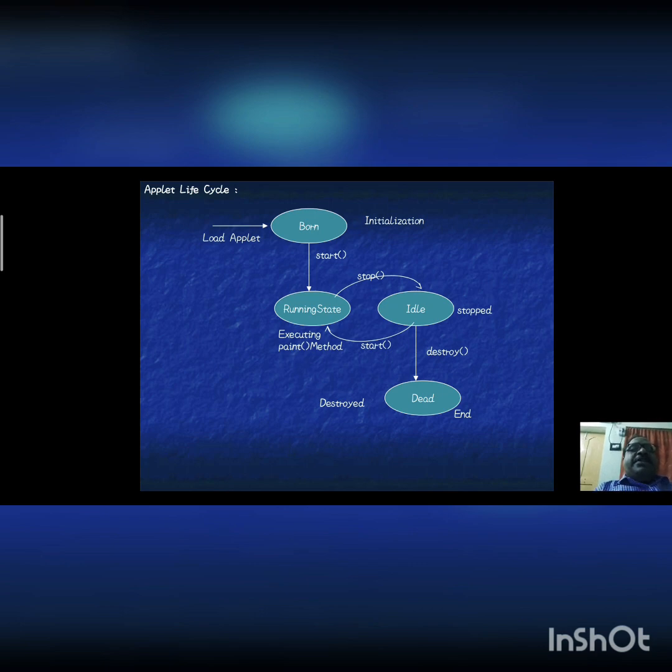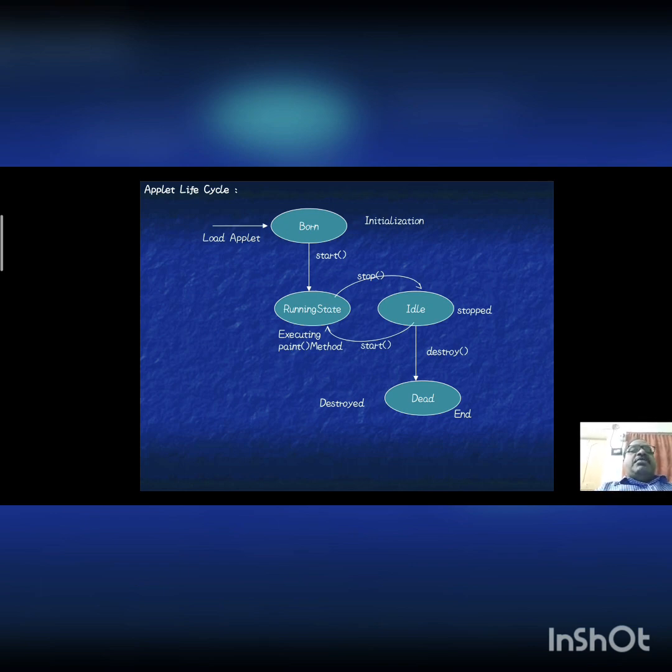In between the start and stop methods, some content is displayed on the web page using the paint method. And once you stop the execution, it automatically leads to the destroy method. So these are the fundamental methods used in the applet lifecycle.